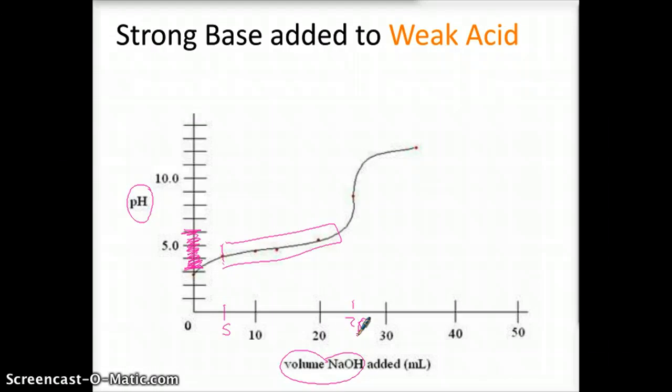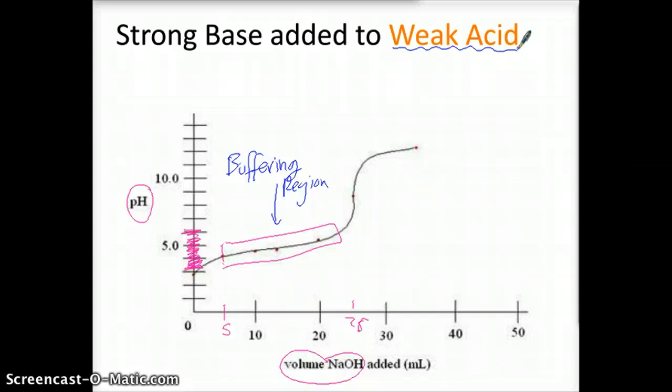We're adding all this base, but the pH isn't really changing that much. So what must be going on? Well, we know that solutions that don't change their pH very much are buffers. So this is the buffering region of this titration curve. I know it's buffering because it's a longer line, and I have a weak acid present. There's a weak acid in the flask.